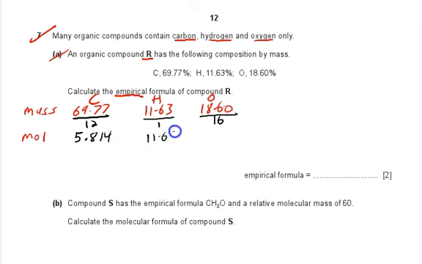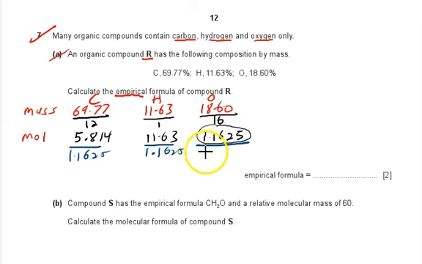Hydrogen remains the same, and oxygen here will be 1.1625. So we have to take the smallest mole and divide it with all. So here will be 1.1625, and this is the mole ratio.